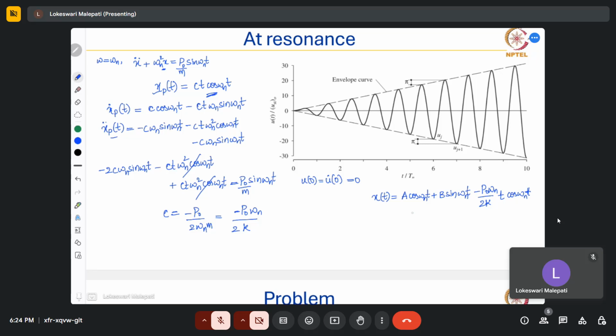So x of t will be equal to a minus, so this term also will be 0. So that means a is equal to 0.